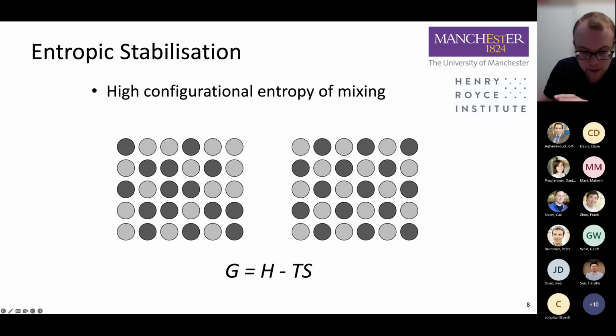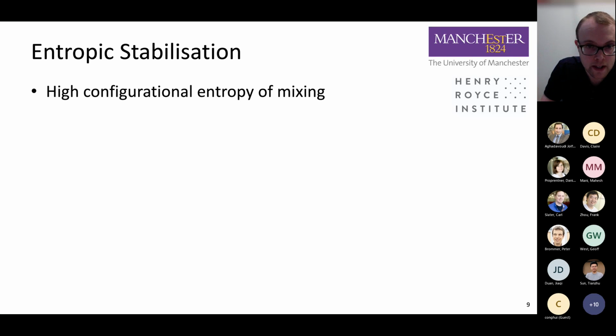So in high-entropy alloys, the idea is that the more elements we shove in, the more stable the random solid solution should be, or it should be stabilized relative to intermetallic compound formation. Okay, so that's the entropic stabilization idea.